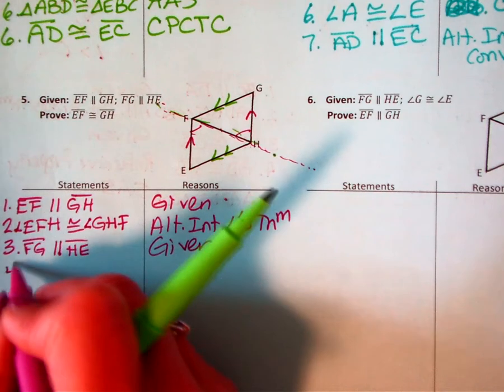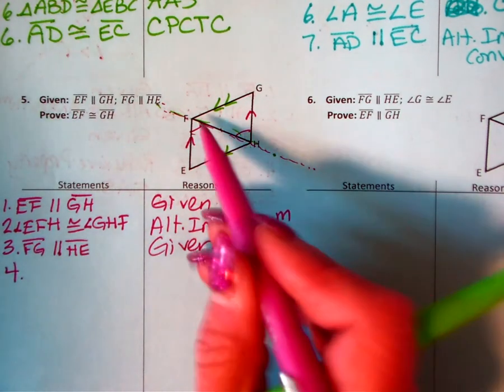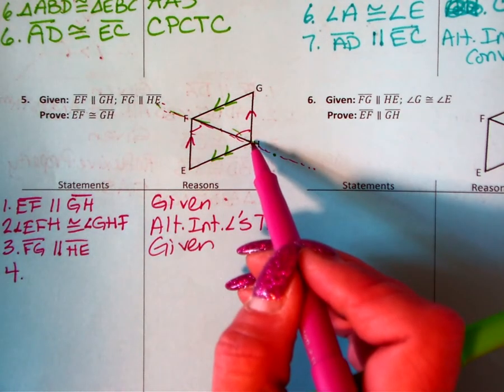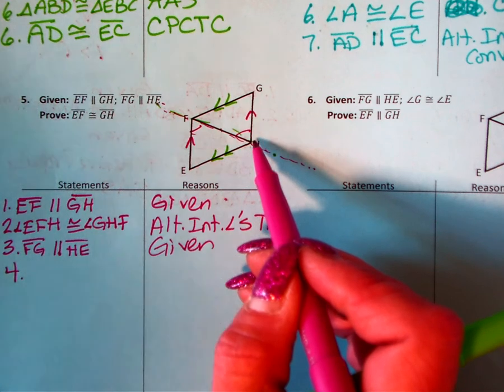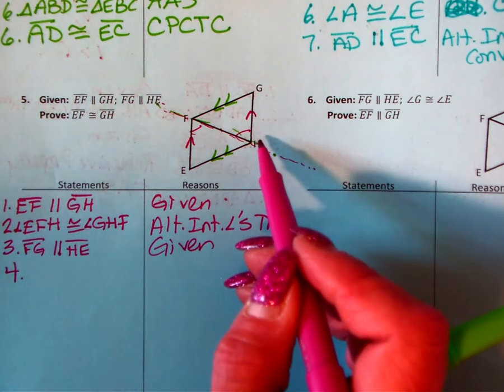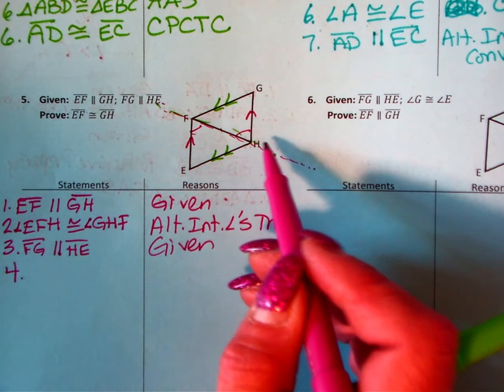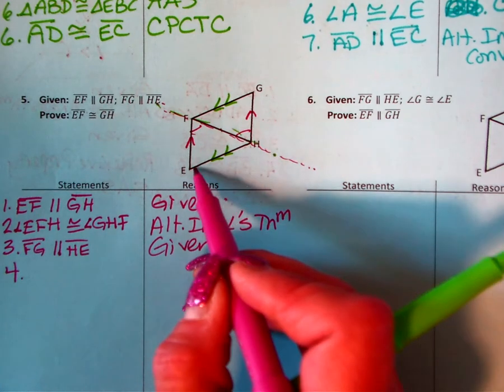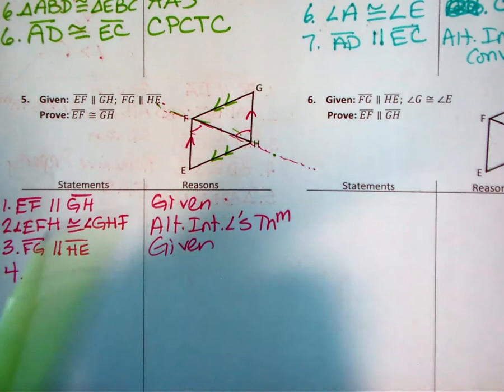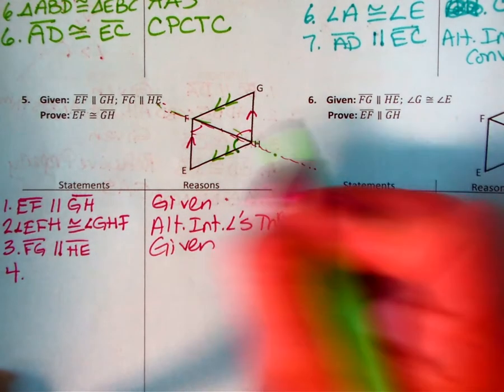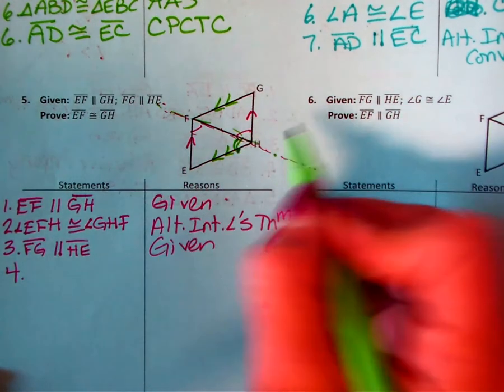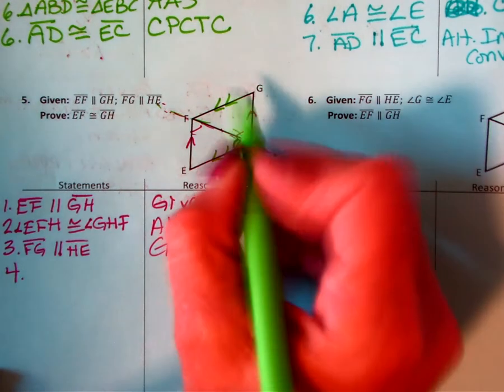The alternate interior angles would be these two, EHF and GFH.